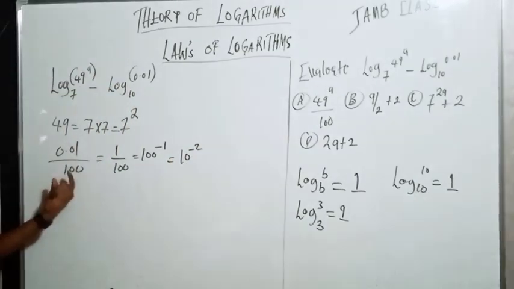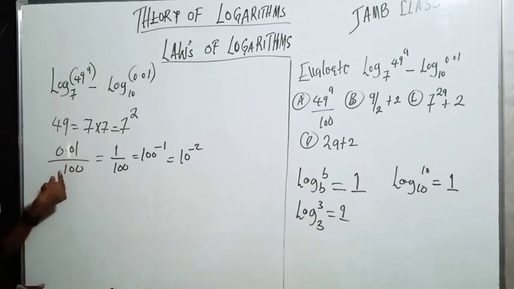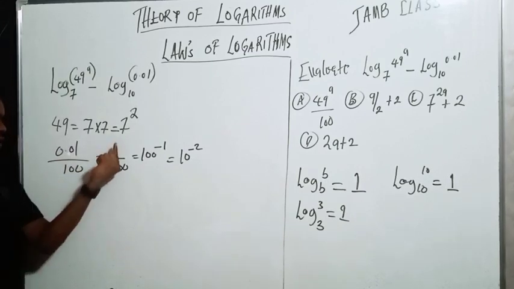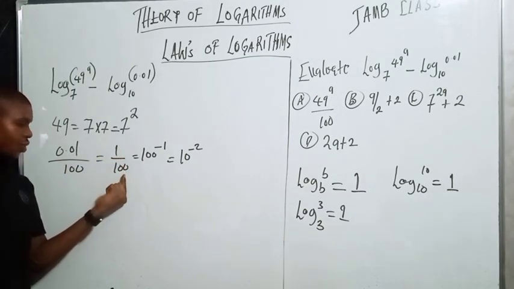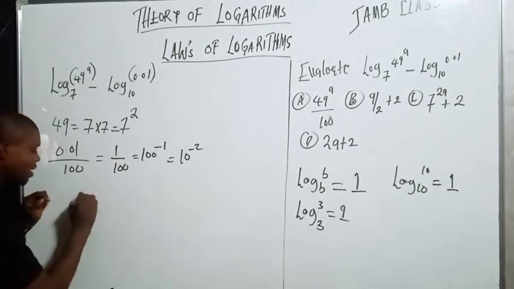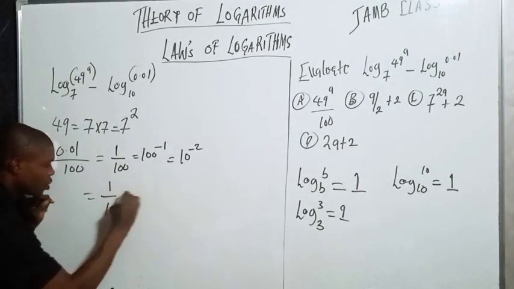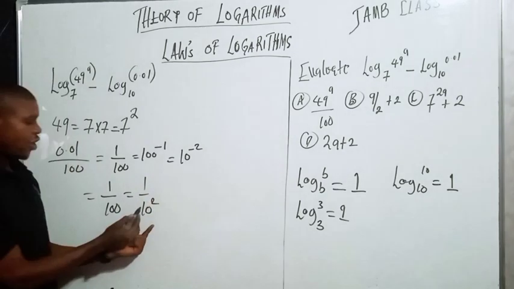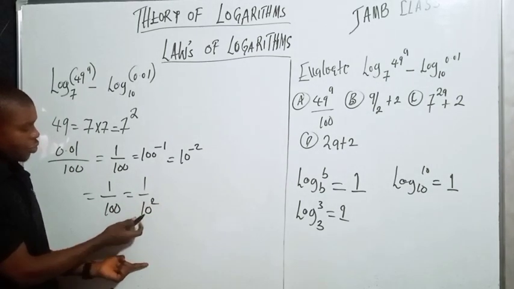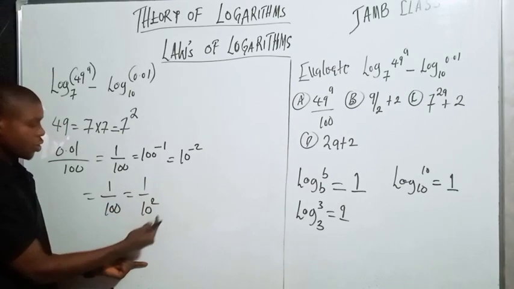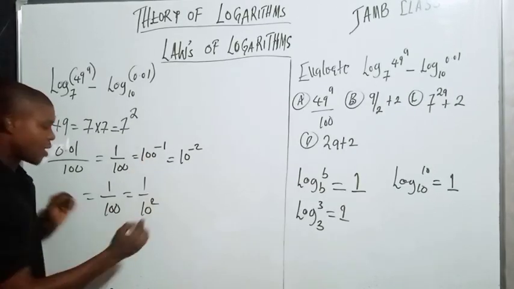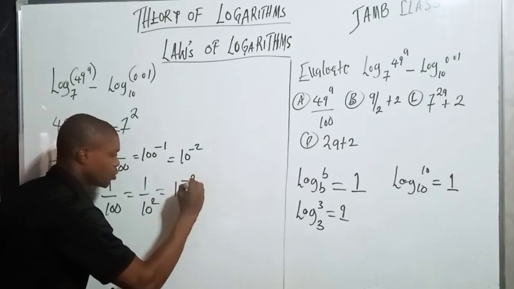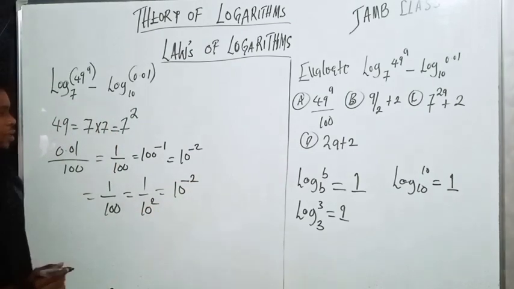So 0.01 is 1 over 100, which is 1 over 10 raised to 2. If you move this to the numerator, you now have 10 raised to minus 2.